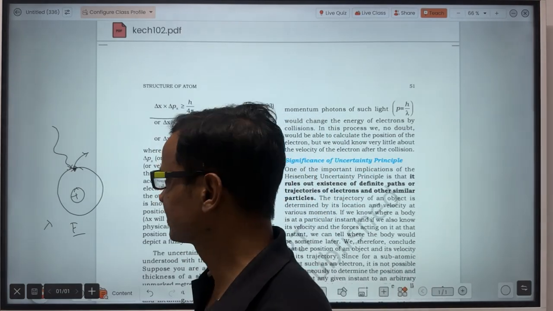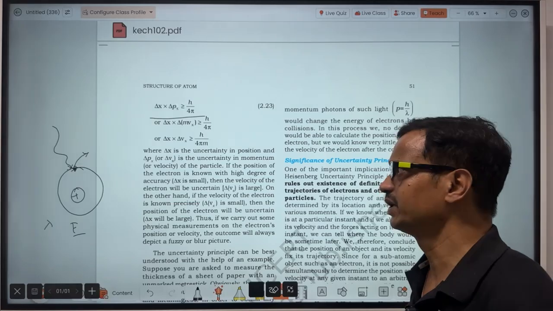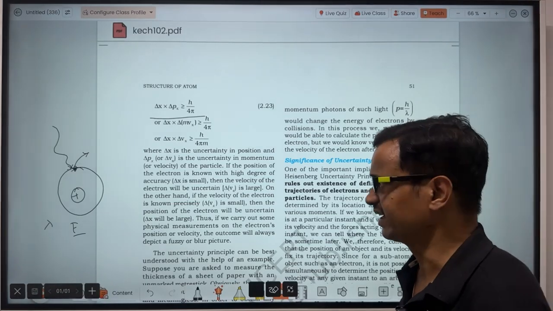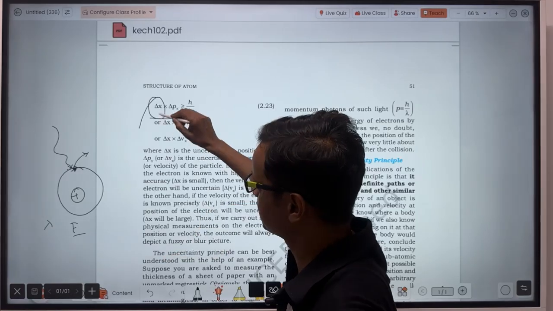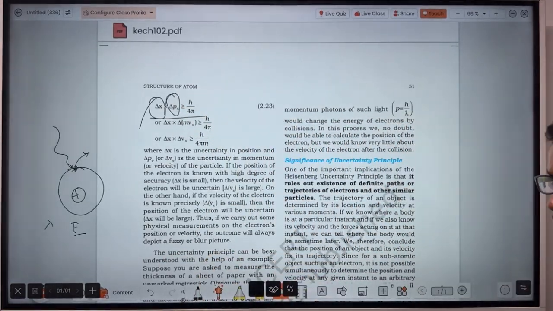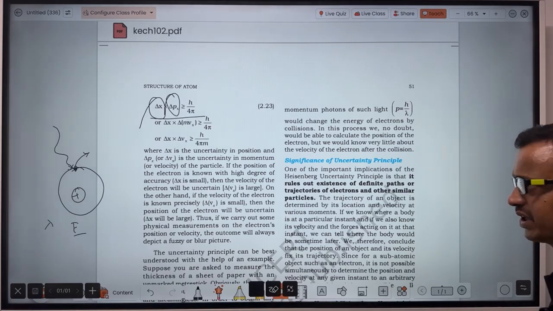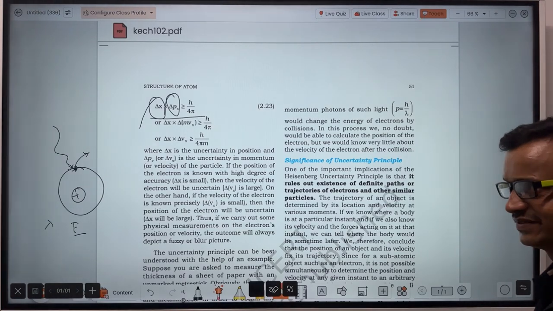That is, delta x delta p will always be greater than or equal to h upon 4 pi. When we multiply the inaccuracy in position and the inaccuracy in momentum, that value will always be greater than or equal to h upon 4 pi.